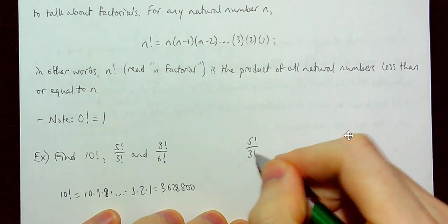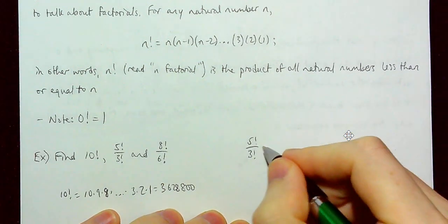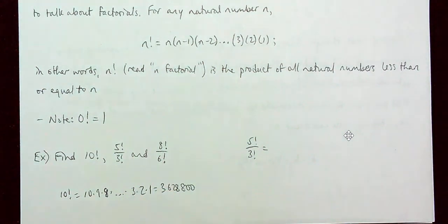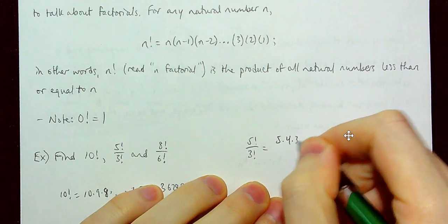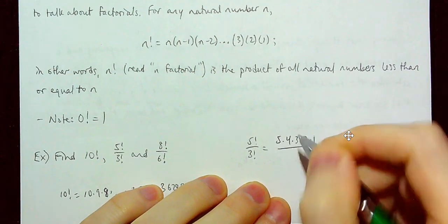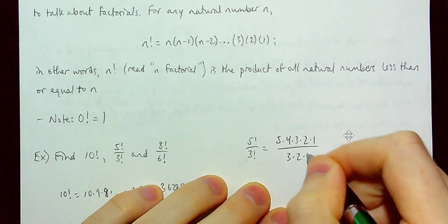5 factorial over 3 factorial. If we write this out as the product of numbers, we're going to find that some things actually cancel out pretty nicely. 5 factorial is 5 times 4 times 3 times 2 times 1. 3 factorial is 3 times 2 times 1.